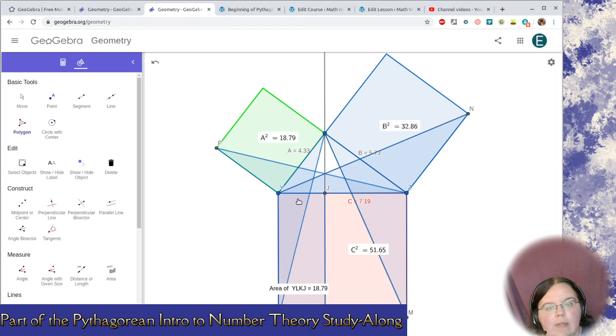Okay, so again, this triangle is half of this square. This triangle is half of this rectangle. So if we can show how these two triangles are the same, well then we'll have that these two rectangles are equal in area. Okay, so we've got the big square, and then the medium square. So that's side something side.